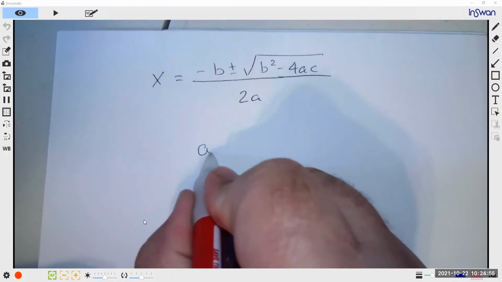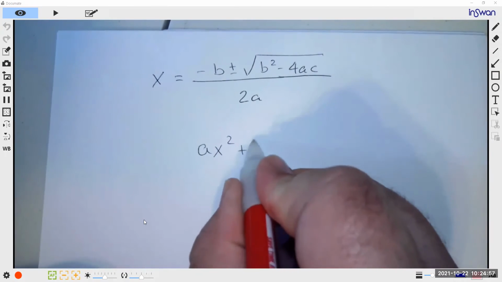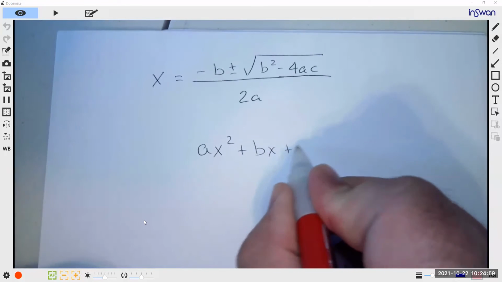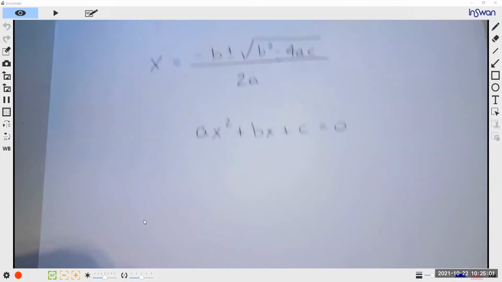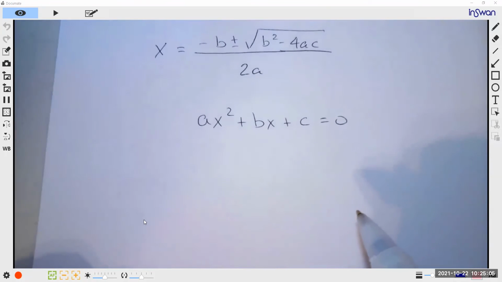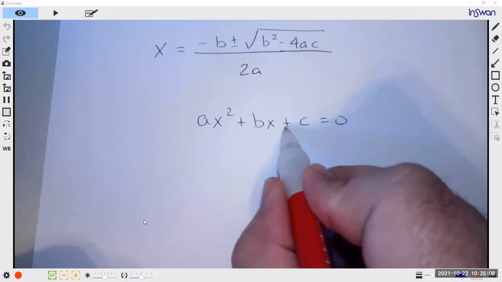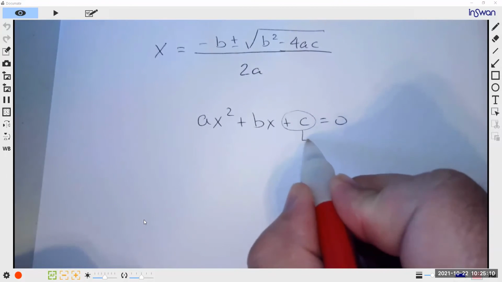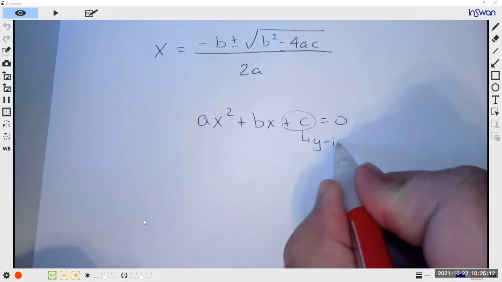Remember, when you have a quadratic equation, just looking at it, we can tell a couple of things. By looking at the C, this is the y-intercept.